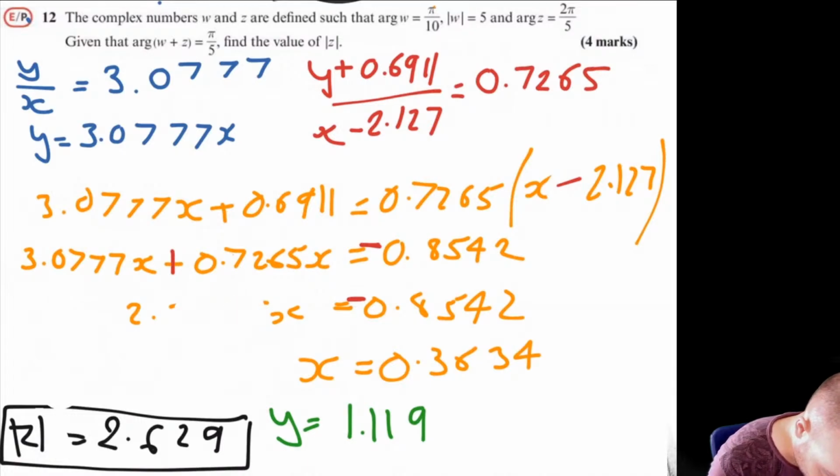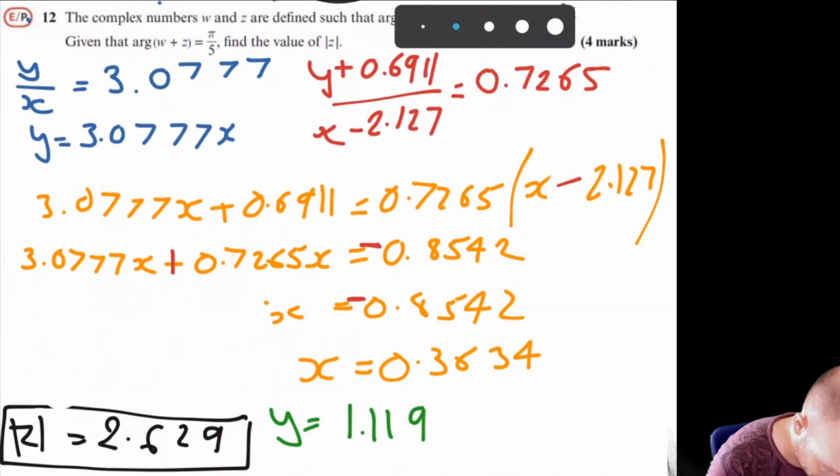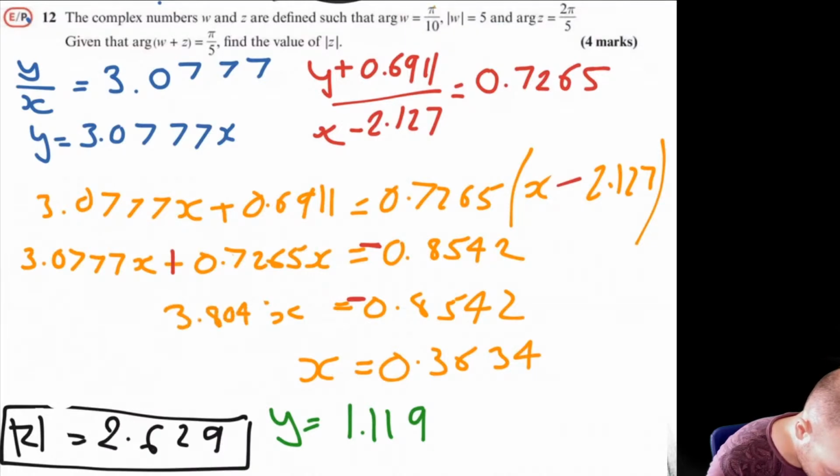So that will give me a 3.842 there, which gives me x is even smaller, sounds good, minus 0.2245.